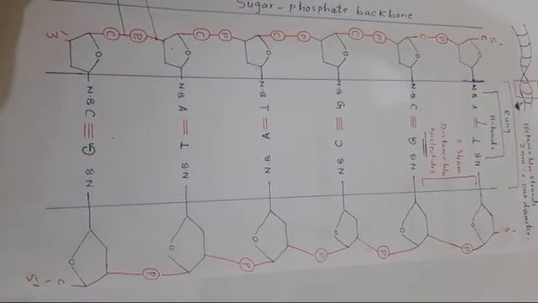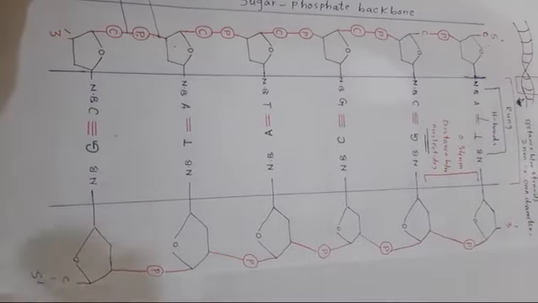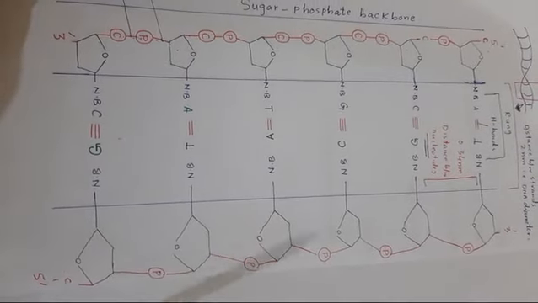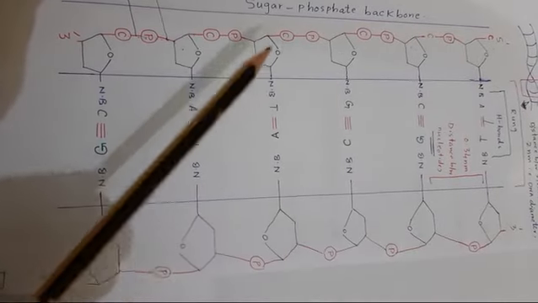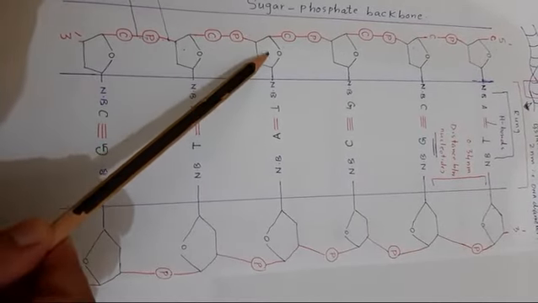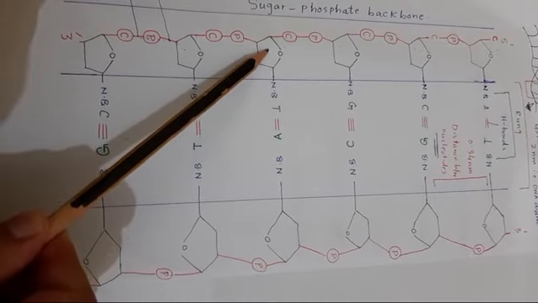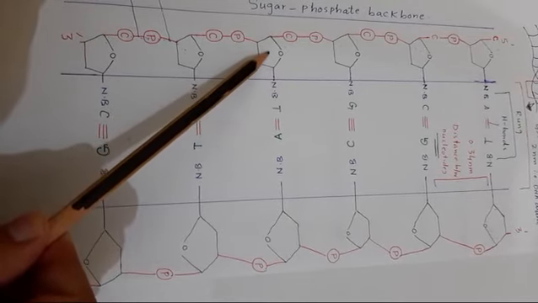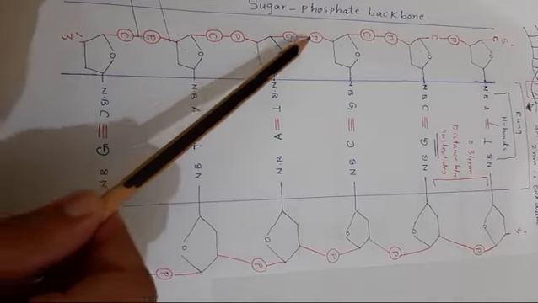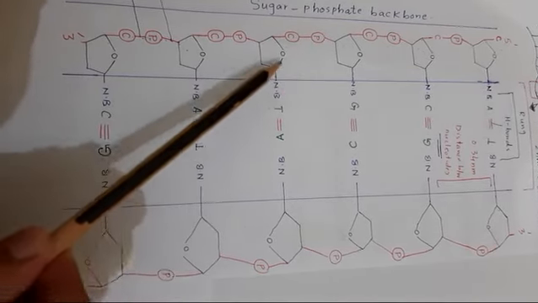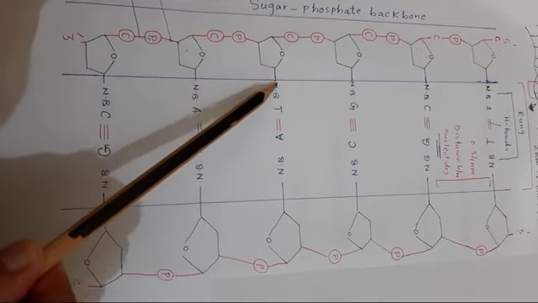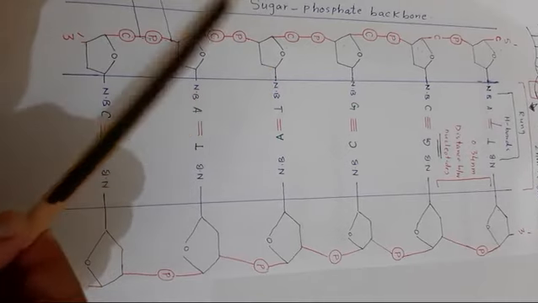Now if you look into the details, this is one nucleotide. Let's suppose this is the pentose sugar or deoxyribose sugar, and this is its 5th carbon, which is attached to the phosphate group, and the pentose sugar is attached to the nitrogenous base at carbon number 1.